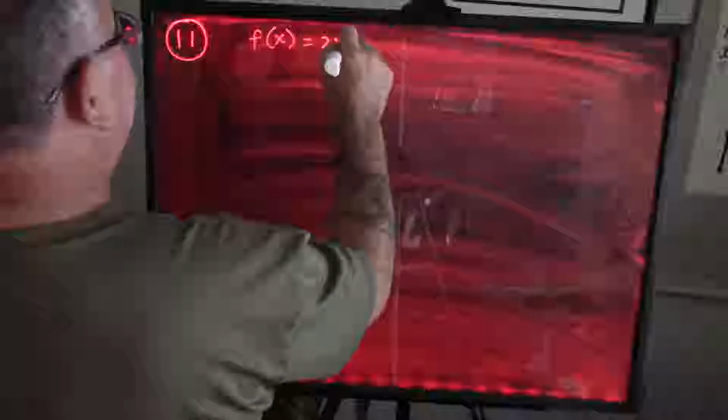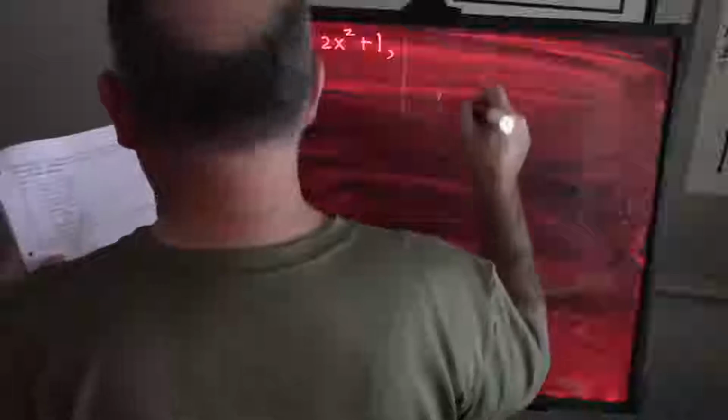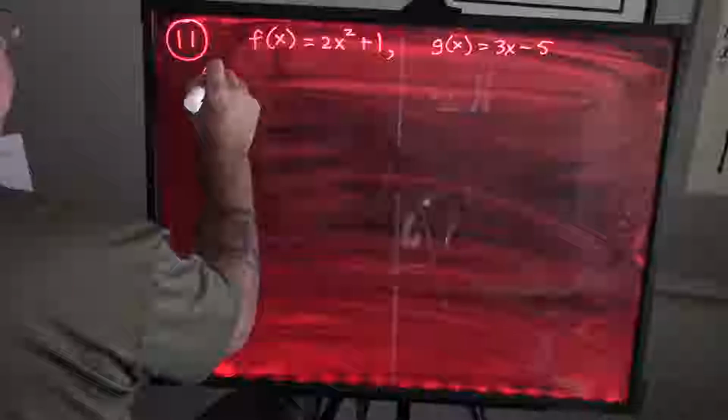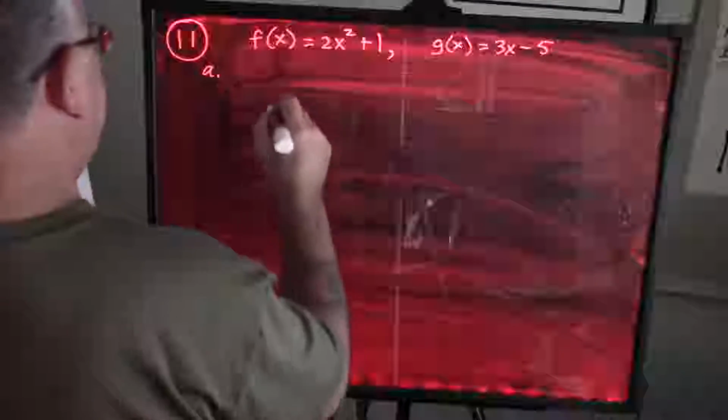Okay, f of x is 2x squared plus 1. G of x is 3x minus 5. And part A. What is f composed with g of 2?